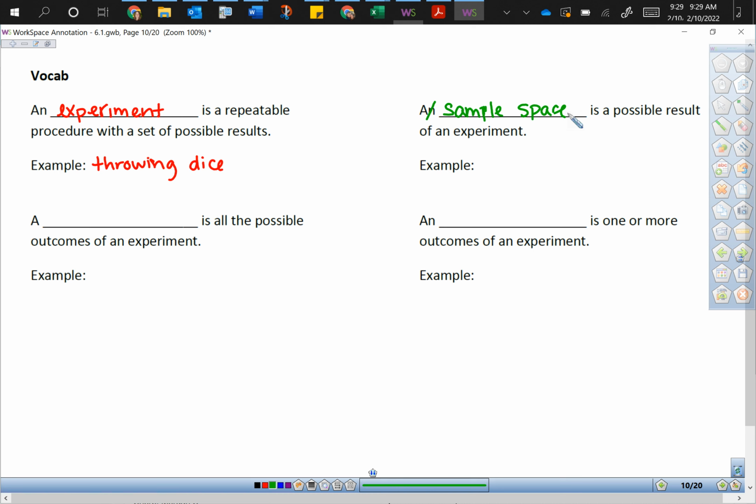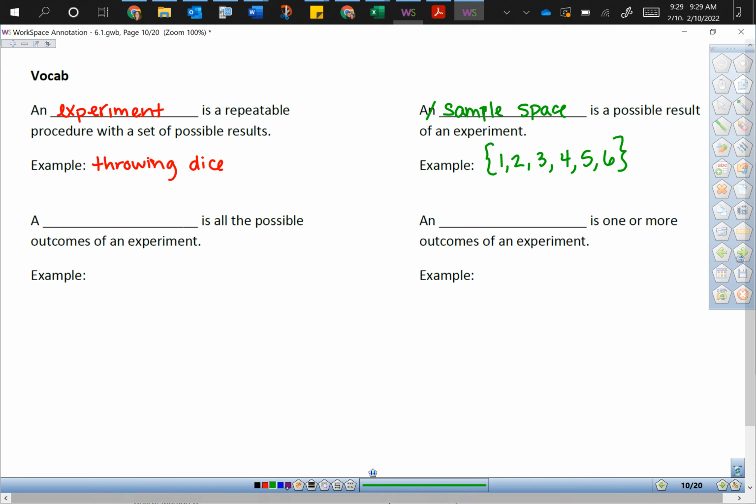So if we're talking about the experiment of throwing a die, not dice, the sample space would be all my possible results. So I could get a 1, I could get a 2, I could get a 3, a 4, a 5, or a 6. That is the sample space of throwing a die. Now, the sample space of throwing multiple dice is going to be different. But if you're rolling a single die, that's your sample space. Those are your possible results.